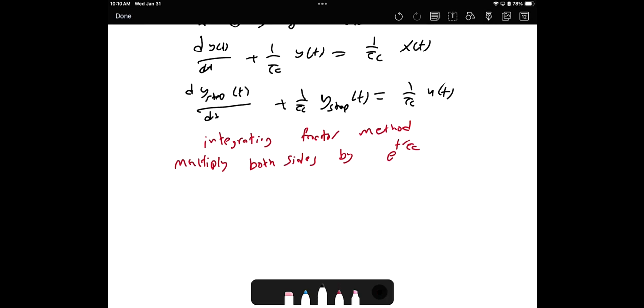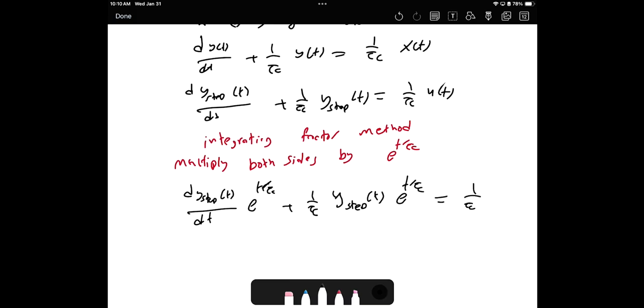This yields dy step of t over dt e power t over tau c plus 1 over tau c y step of t times e power t over tau c equals 1 over tau c u of t e power t over tau c.